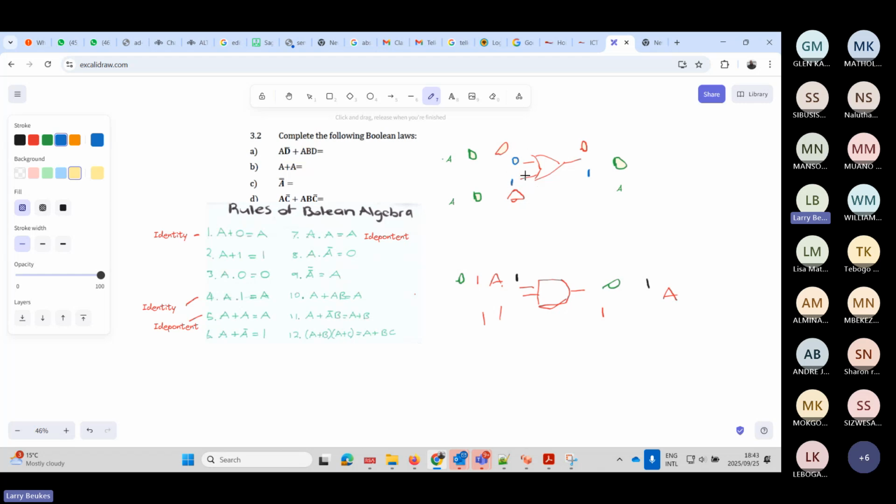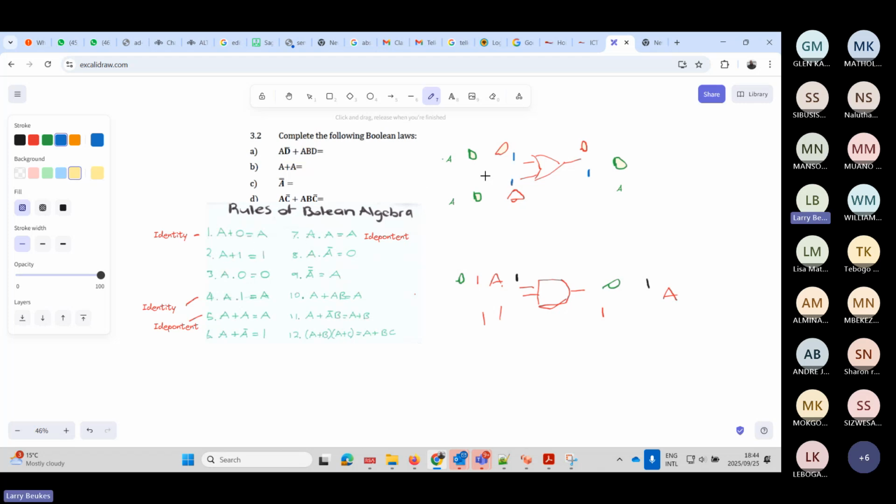Let's change this 0 to a 1 and see what happens. If we're still gonna get this input to be the output, right? 1 and 1, the output is still a 1. 1 OR 1, the output is still a 1. 1 plus 1, basically, the output is still a 1, right?